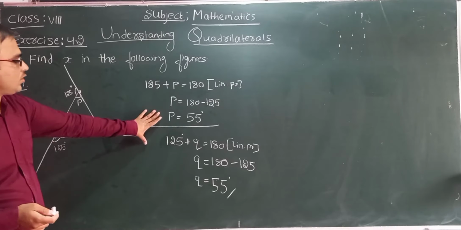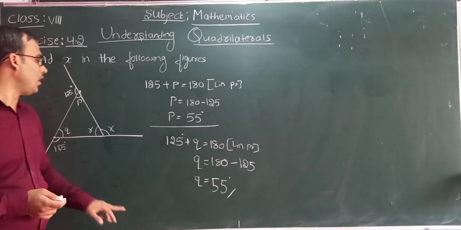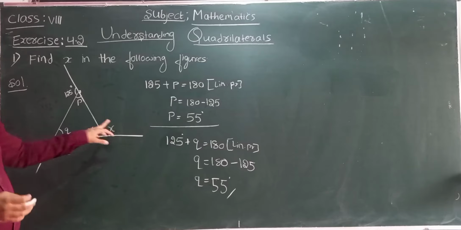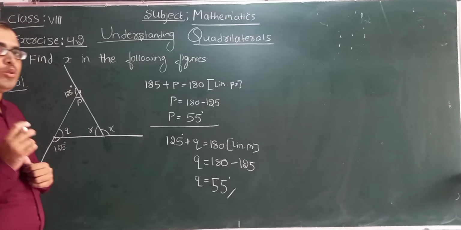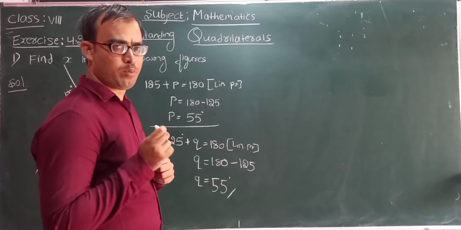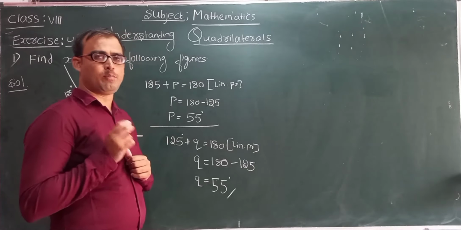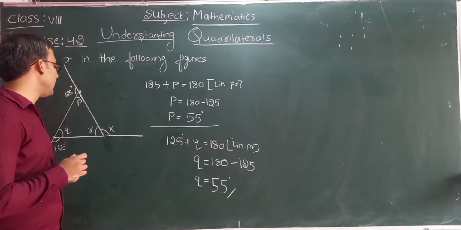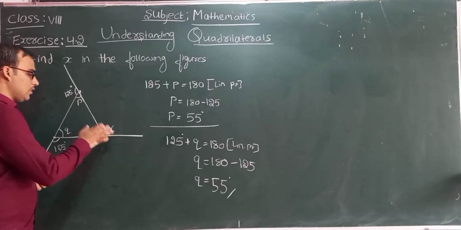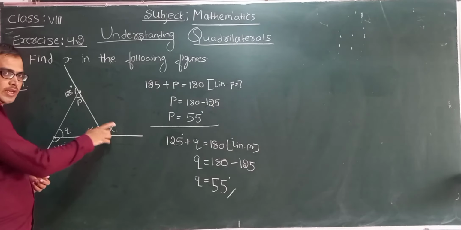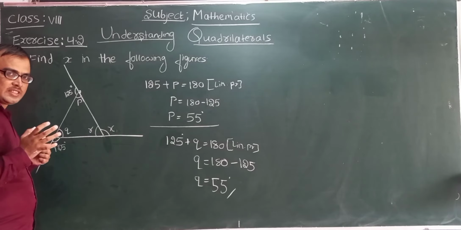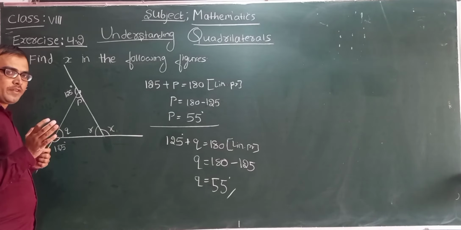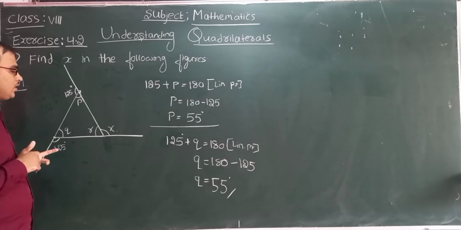So with the help of these two angles, that is P and Q, we can find the value of x, using the exterior angle property. What does the exterior angle property state? The value of the exterior angle is equal to the sum of the interior opposite angles.